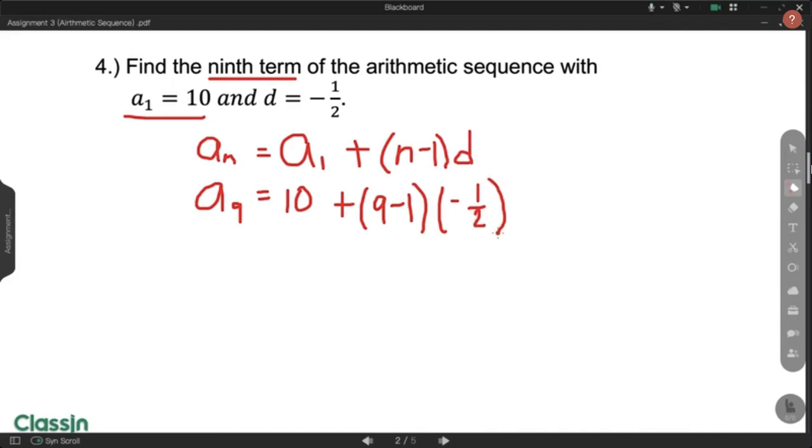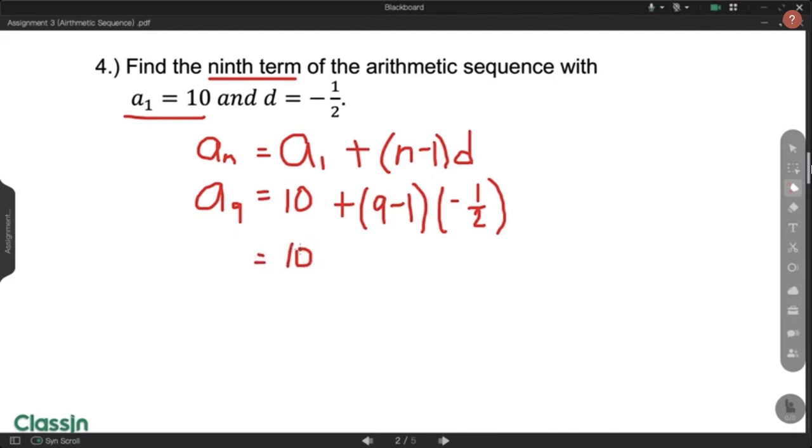multiplied by -1/2. Class, since 1/2 here is a negative number, do not forget to put it inside parentheses, because without the parentheses it would look like 9 minus 1 minus 1/2. Since we're multiplying them, we should put parentheses: 9 minus 1 times -1/2. Let's continue.